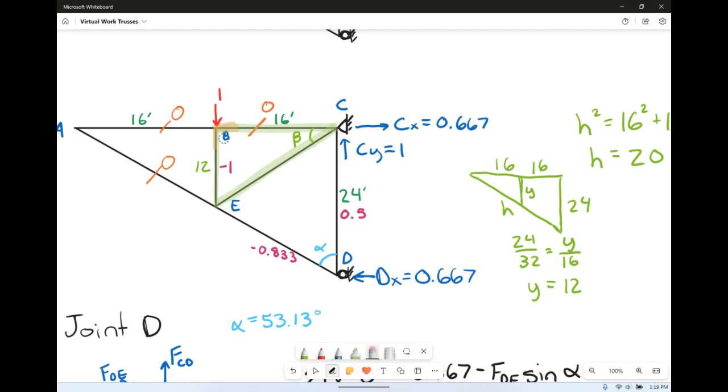Let's put him on the top. Alrighty. Now, if that's 20, and this is the same triangle over here flipped, then this is also 20. That's good. And if I just draw in a little dashed line here, and this distance was 12 down here at the bottom, and the horizontal is 16, well, that's the same triangle as well, so that's 20. So I just found all the lengths of all the members. That's good. That's information we'll need.